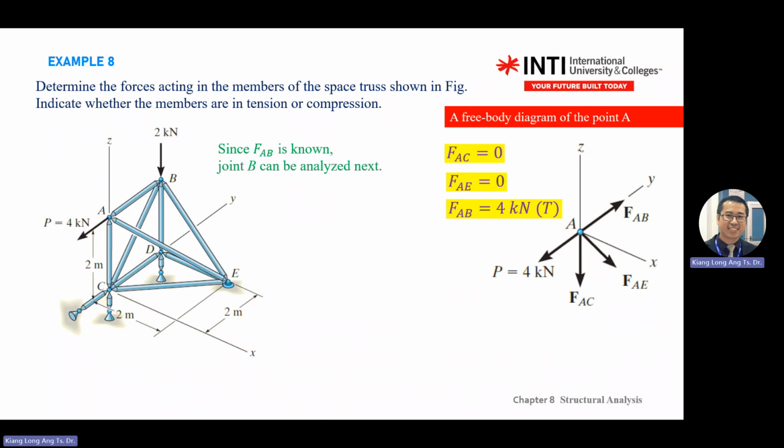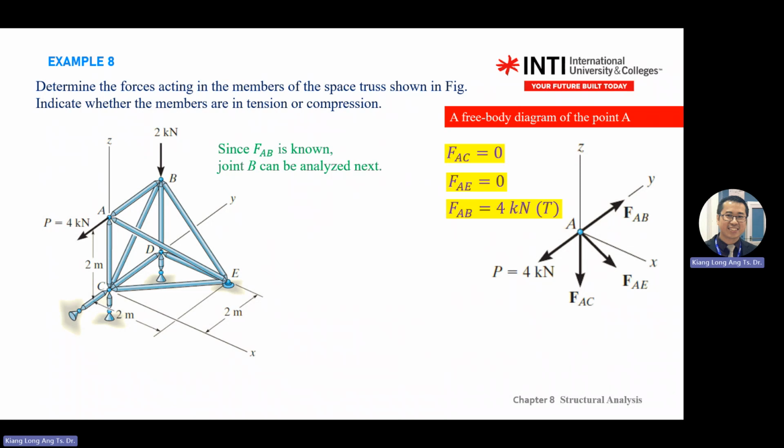What should you draw for the forces at B? A you already have, FAB. How do you draw the member?